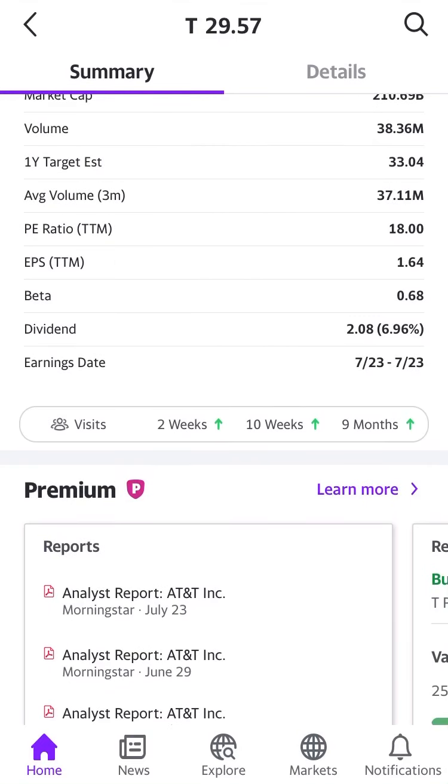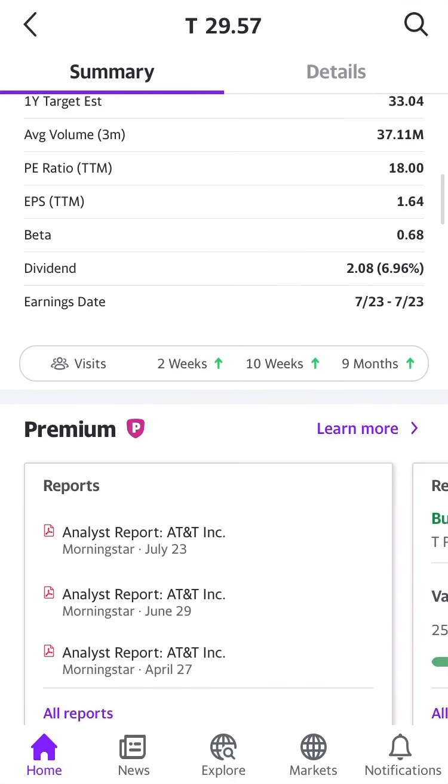As the name states, it means earnings per share. So that's $1.64 per share. Beta, not really important unless we're talking about options. Next, we have the dividend. Oh, very important, which is probably the most important for most of you, is the dividend, which is $2.08, which turns out to be a 6.96% return on your money.